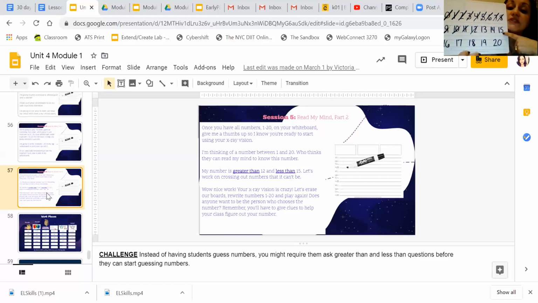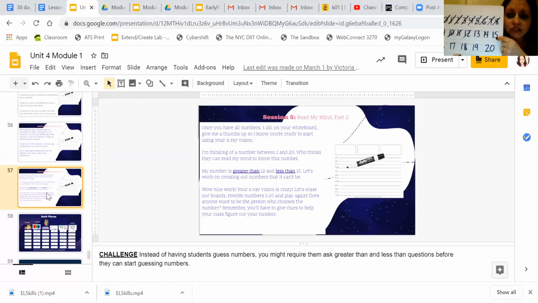Everyone point to the number 15 on your paper right now. We're going to point to 15. And Ms. Ewan said that the number she's thinking of is less than 15. So it's one of these numbers. So which number should we cross out, friends? Should we cross out these numbers? No, because these are the numbers that I'm thinking of. I'm thinking of one of these numbers.